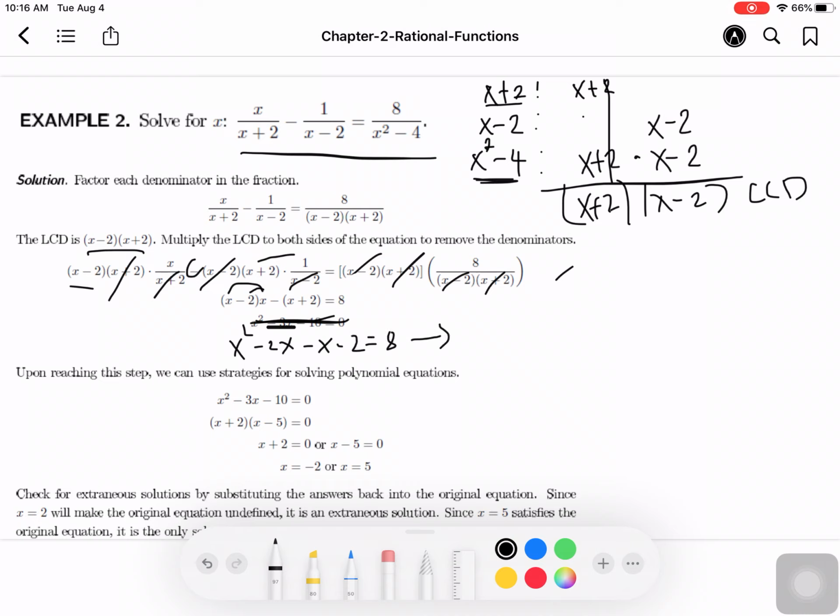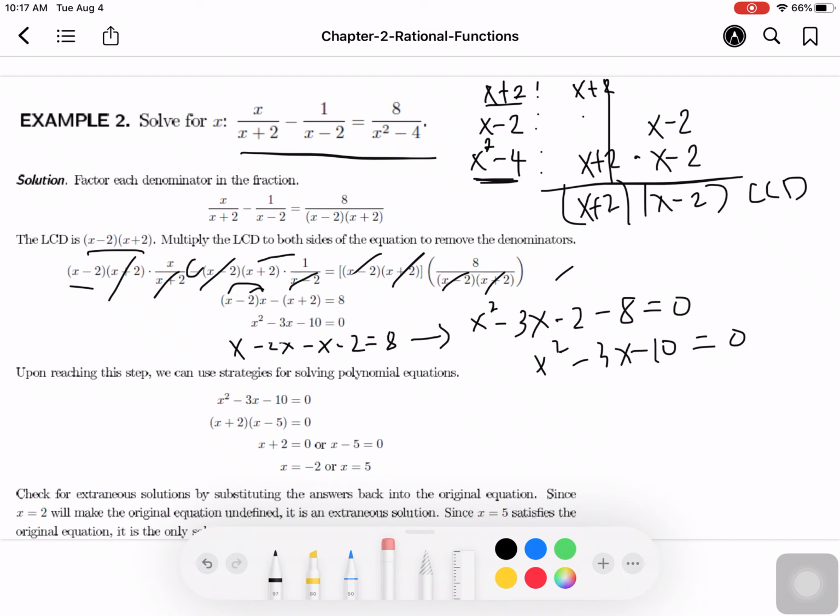And after this, we will arrive at combining like terms, x squared minus 3x minus 2 minus 8, transpose 8. So that is why we have x squared minus 3x minus 10 equals 0.